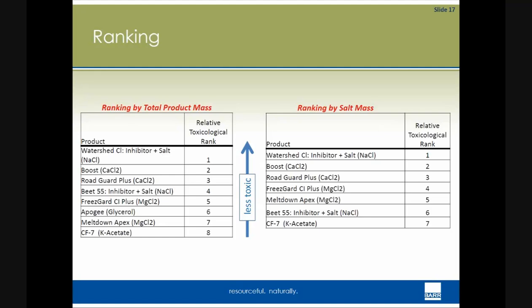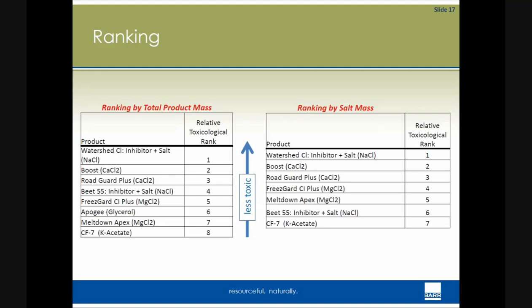So in general, on a product mass basis, the calcium chloride and the sodium chloride-based brines are the least toxic, whereas the magnesium chloride and the other products with some kind of organic or potassium were more toxic.